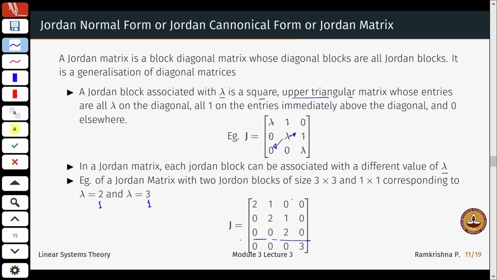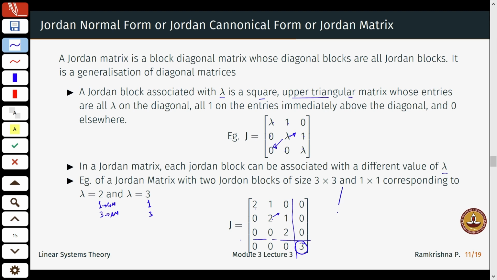One corresponds to the eigenvalue 3, and the second corresponds to the eigenvalue 2, which occurs 3 times, so it has algebraic multiplicity 3. So, I just put 2, 2, 2 on the diagonal as a recipe, and then put 1, 1 and 0 above it. Different combinations are possible.